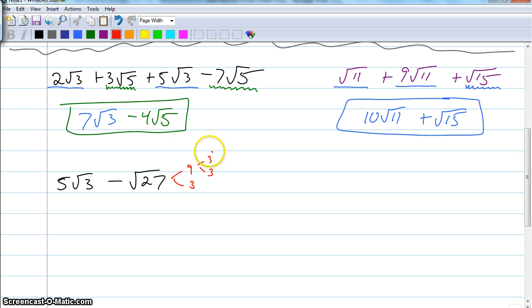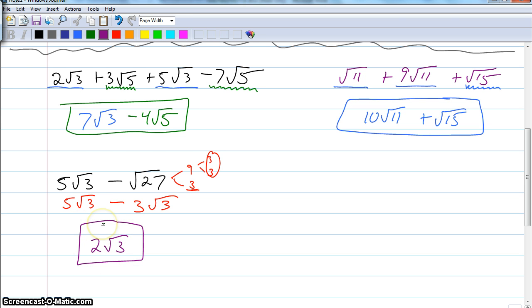So, pair of 3s, a 3 comes out. This 3 gets left behind. 3 root 3. But then we also have this 5 root 3 minus that. Root 27 became 3 root 3. So now they are like terms. 5 root 3 minus 3 root 3 is going to be 2 root 3. That's going to be your final answer.